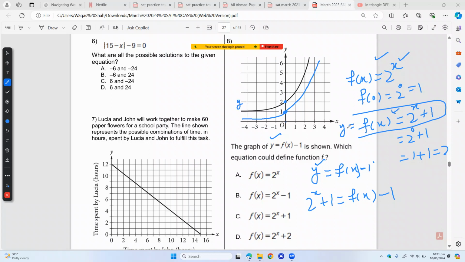To find the value of f(x), shift this minus 1 to the other side, so it will be 2^x + 1 + 1 = f(x). So f(x) = 2^x + 2. So this is our answer. I hope you understand, students.